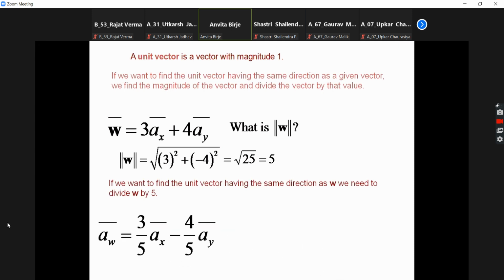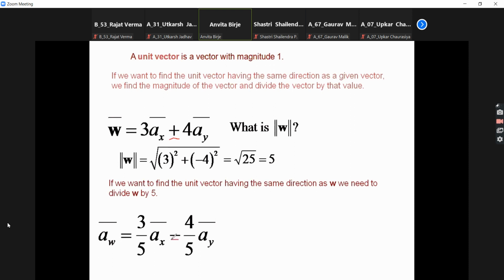Okay, so how will I calculate a bar w is going to be 3 divided by 5. 5 क्या है? 5 is the magnitude और जो 3 है that is a vector. Okay, so it is vector divided by its magnitude. Okay, so 3 by 5 a bar x minus, को है actually. Okay, यहाँ पे minus होना चाहिए, इसलिए यहाँ पे minus sign आया है.